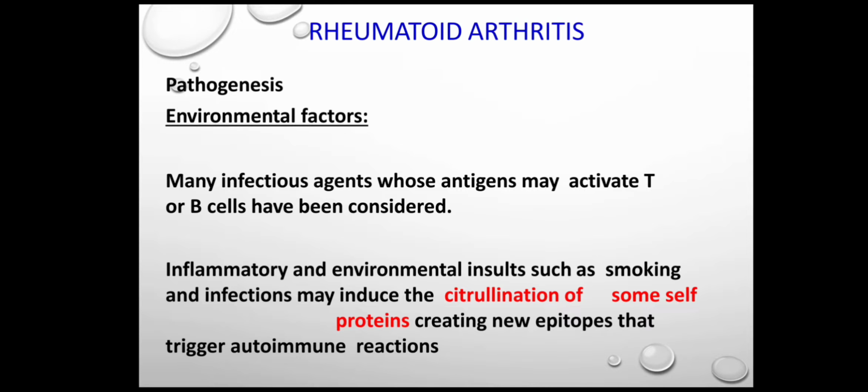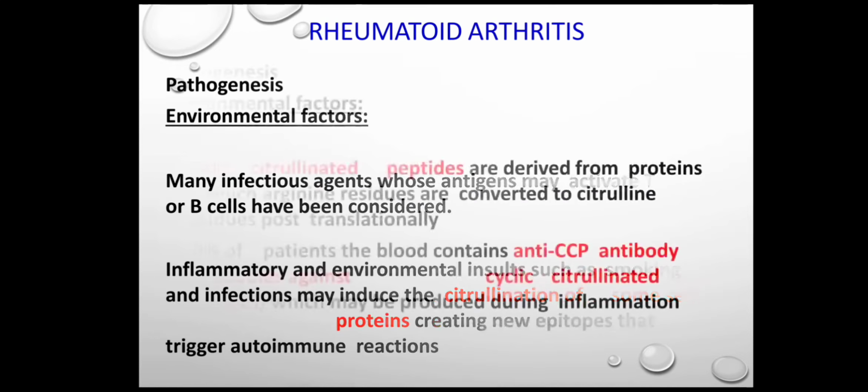These complexes will be deposited in the joint cavity and will mediate the joint injury. So citrullination of self antigen is one of the triggers of autoimmune reaction.